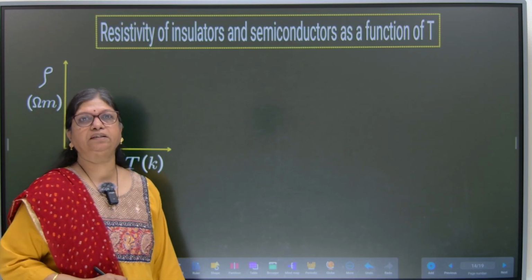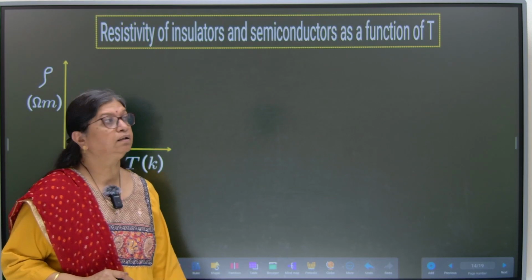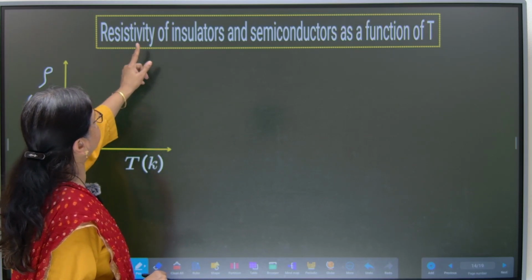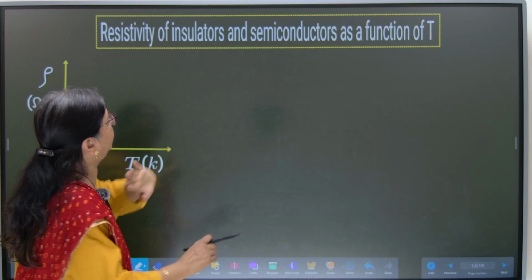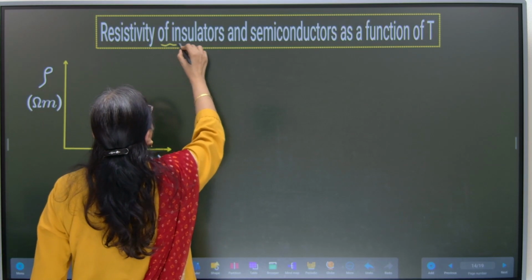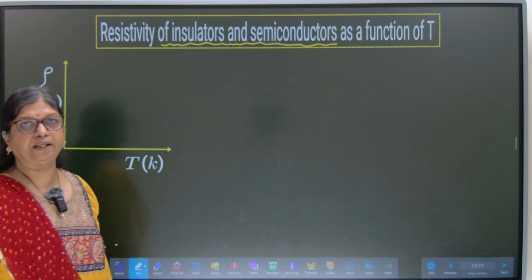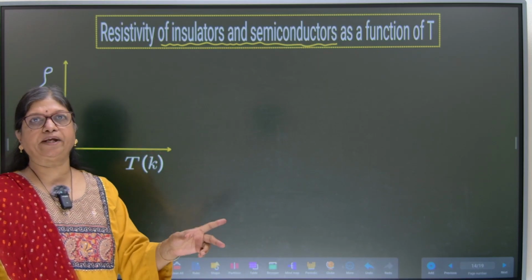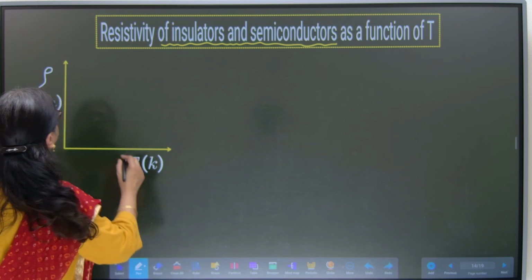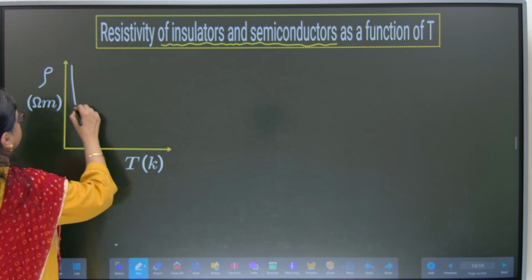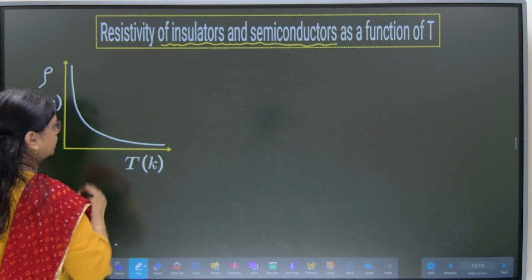Now in this page, let us understand the resistivity of insulators and semiconductors as function of the temperature, both insulators and semiconductors. The graph is a negative curve, as you can see.